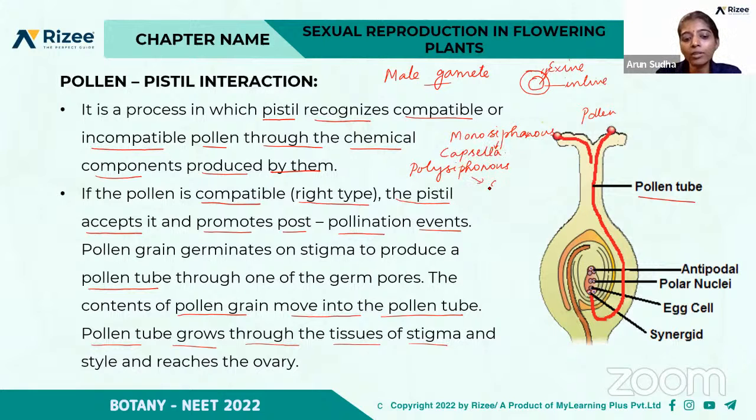And for polysiphonous, the examples are Malvaceae and Cucurbitaceae. So if only one pollen tube emerges, the condition is monosiphonous, for example Capsella, and polysiphonous, that is Malvaceae and Cucurbitaceae. Okay. So based on the number of pollen tubes that are formed, it is called monosiphonous or polysiphonous. So clear?